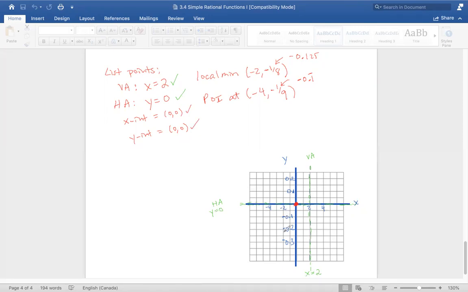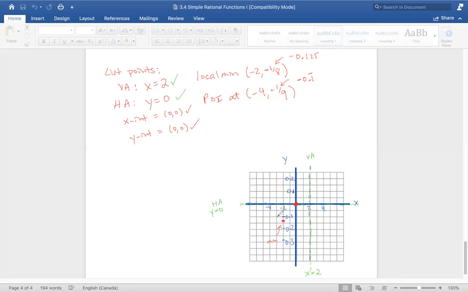I'm not at -0.2. So halfway in between would be -1.5, and it's 1.25. So I'm just halfway down in between. So again, in between is 1.5. So I'm going to go exactly in between this grid line and the next grid line. And that is my minimum.